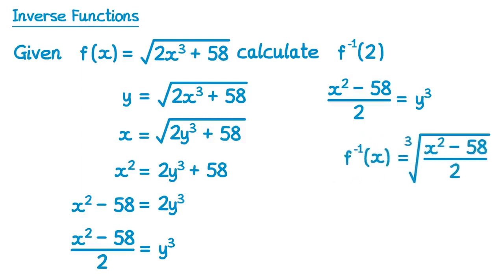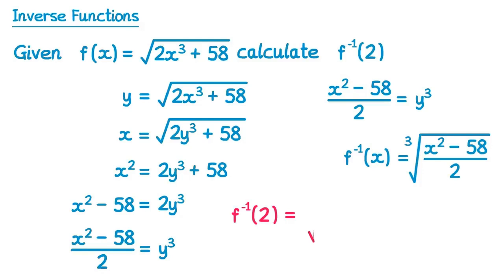Now remember, we didn't want to find the inverse function, we wanted to find the value of it when x equals 2. So all we do to find f inverse of 2 is write this function out, but replace the x's with 2.